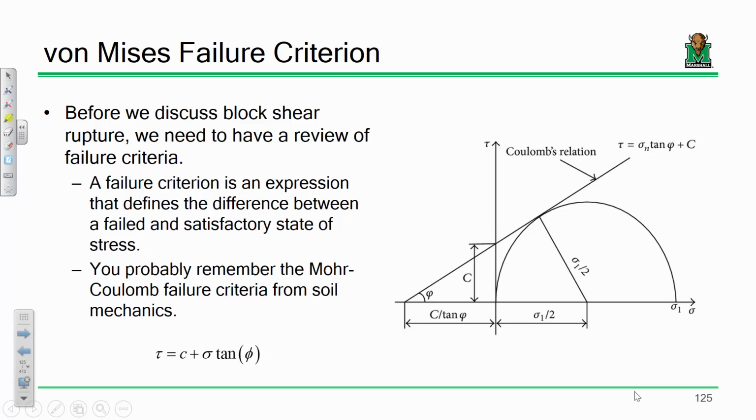Sometimes they behave in a very complex fashion. You will use a failure criterion in soil mechanics, I guarantee it, called the Mohr-Coulomb failure criterion. What you do is you relate the normal stress that a section of soil is experiencing, the shear stress that it's seeing, along with two properties related to that soil, its cohesion and its angle of internal friction.